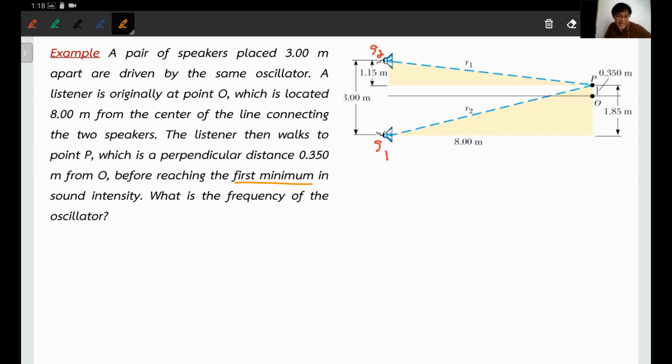What is the frequency of the oscillator? All right, let's try this one together, guys. This should be straightforward, because you already have the clue. This is the first minimum. So if I'm asking you in terms of the phase, the first minimum should give you the phase difference.